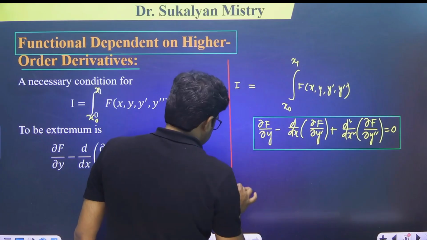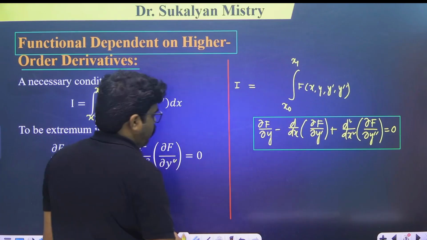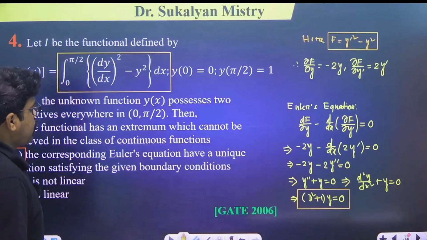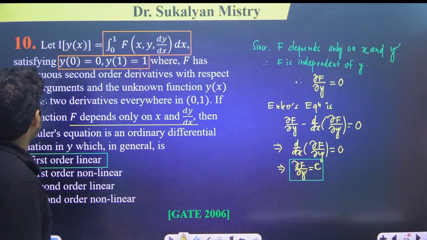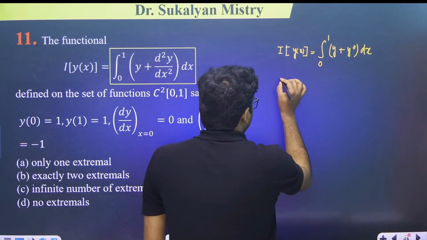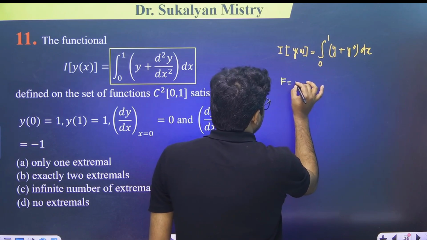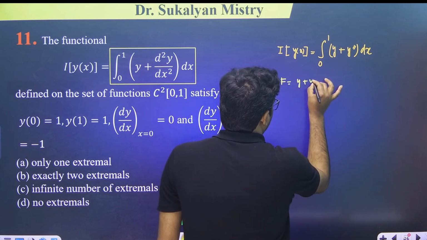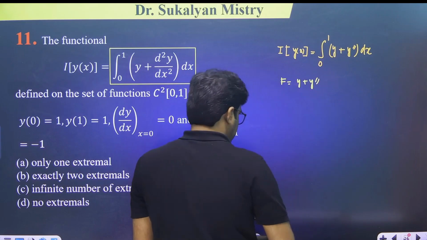Okay, so come to our problem. So here what is f? F is y plus y double dashed.